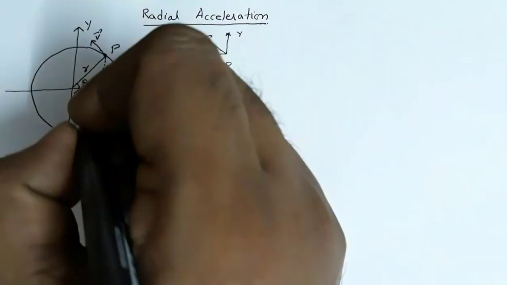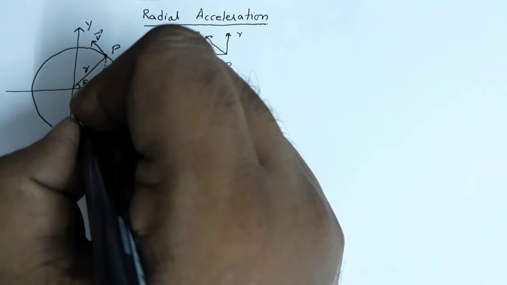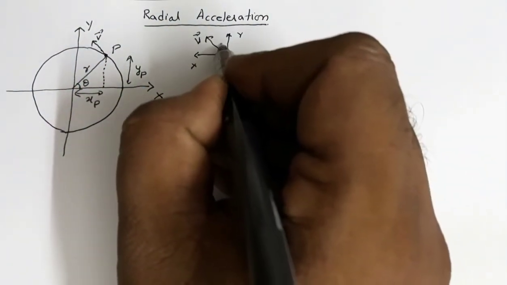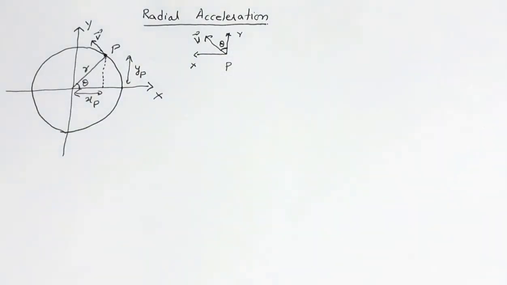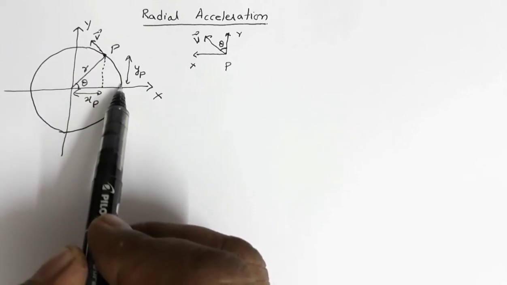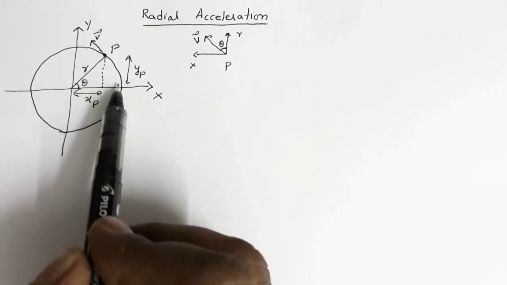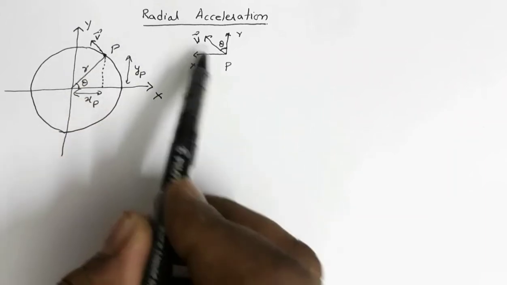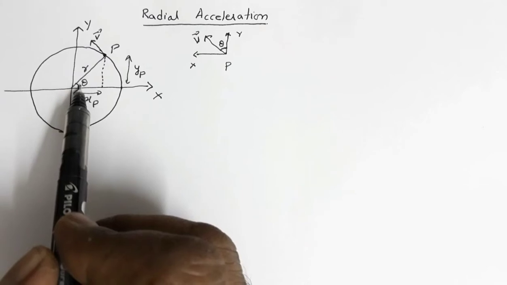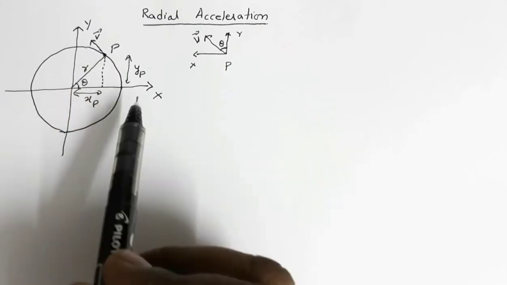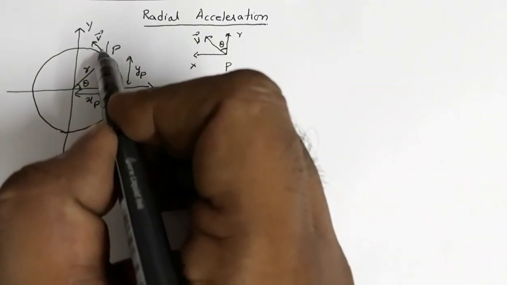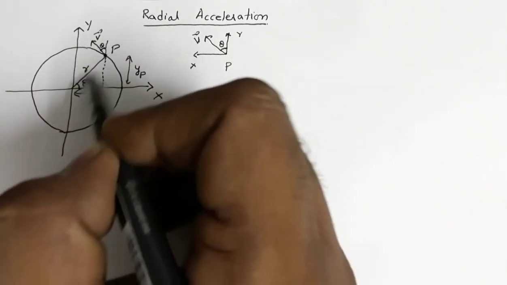So I can say that this angle theta is equal to the angle made by v with respect to the y-axis. If P is at this location, v will be directed upward along the y-axis, making an angle 0 degrees with the y-axis, and theta will also be 0. So we can say that these two angles will be equal.